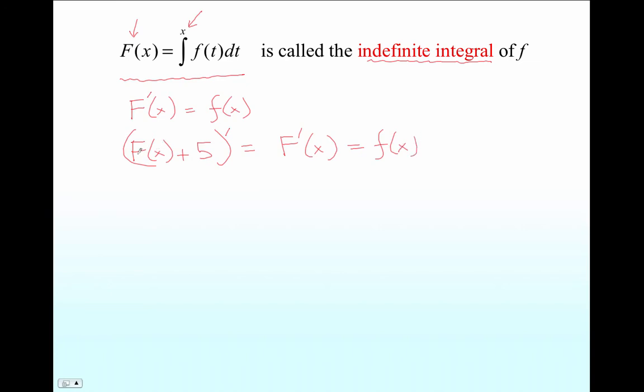So, the point is that F plus 5 works just as well as F. In other words, if instead of F of x, I put F of x plus a constant c, that's just as good as the original F itself. And this c over here can be arbitrary, which means anything. And so we don't have the integral as being definite. There's some ambiguity, there's some arbitrariness. And now let's see what this then points towards.